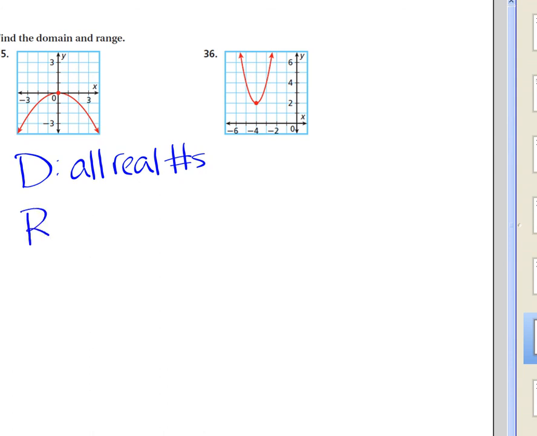Range is where you actually have to do a little bit of work. What is the range of values? 0 to down. How could we write that?